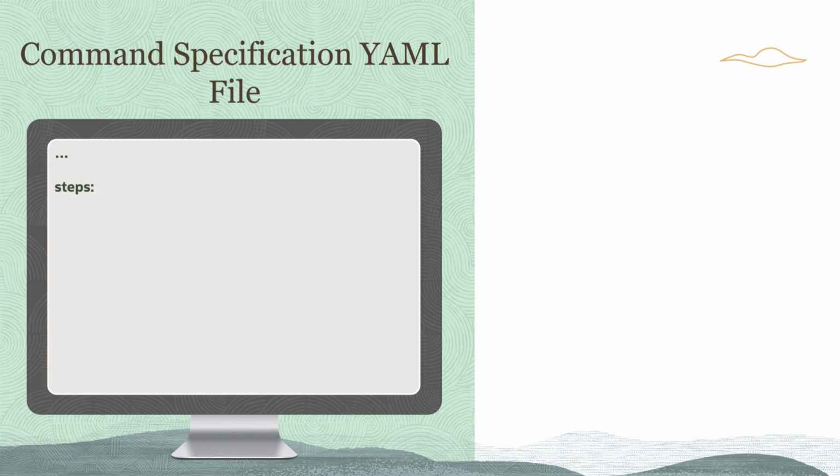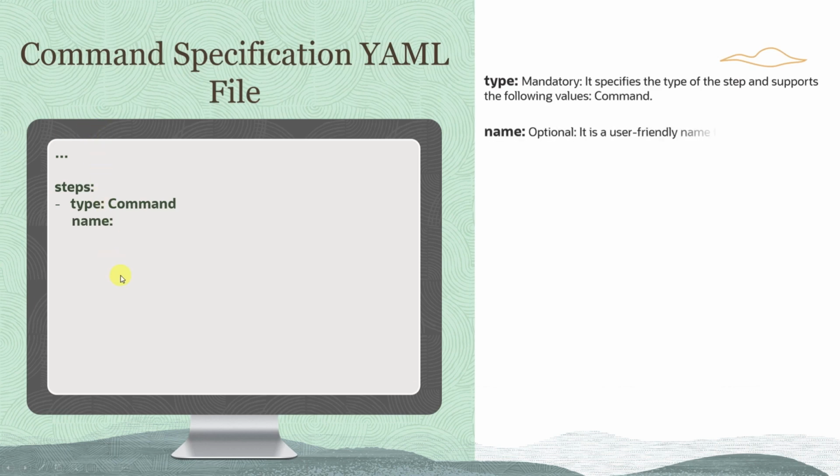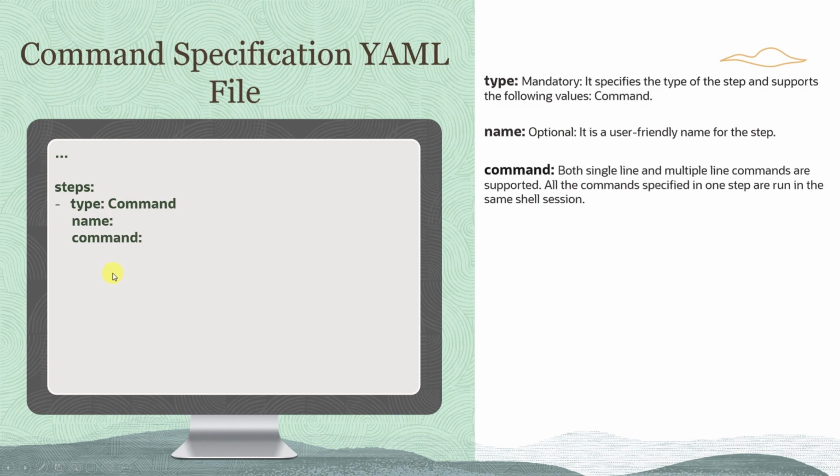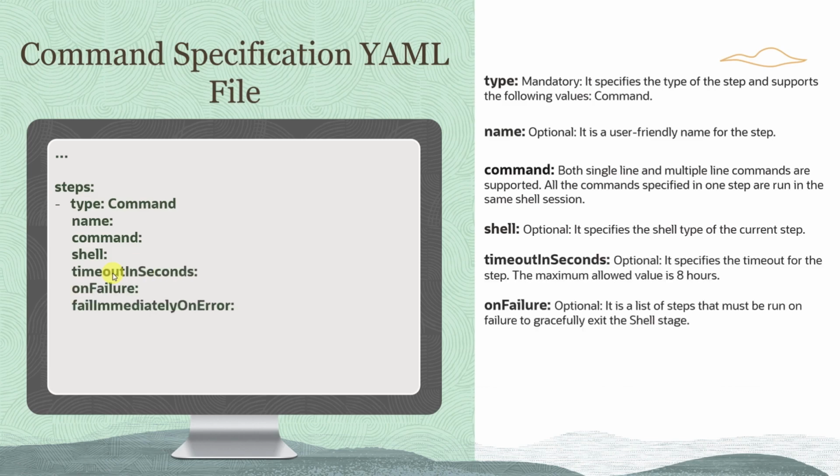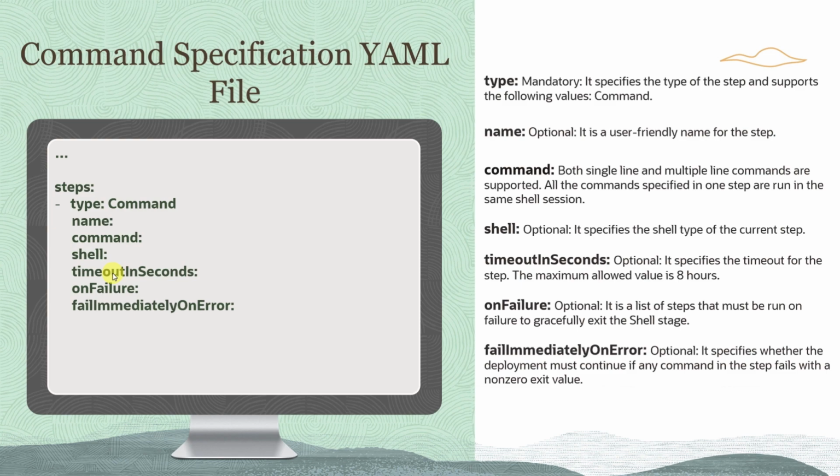The next section in your command specification YAML file is the steps section. Steps define the actions to be executed within the command specification file, and each step can have attributes such as name, command, shell type, timeout, on failure steps, and fail immediately on error attributes.